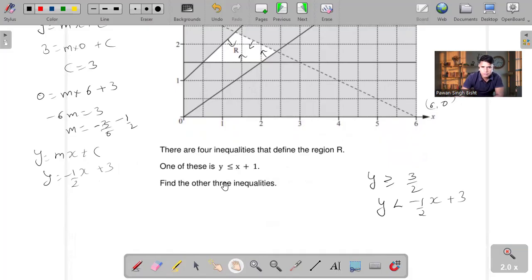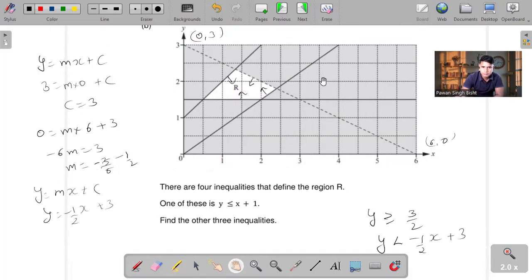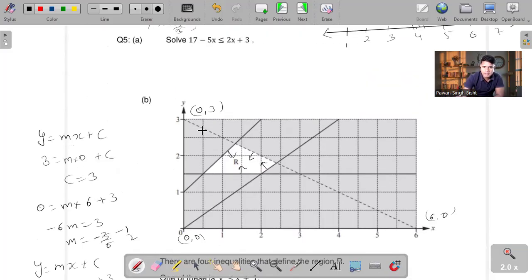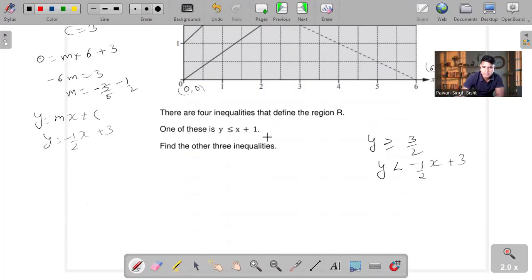Now we find this one. This is passing through the origin 0 comma 0 and 4 comma 3, 2 points. So again y equals mx plus c, right?